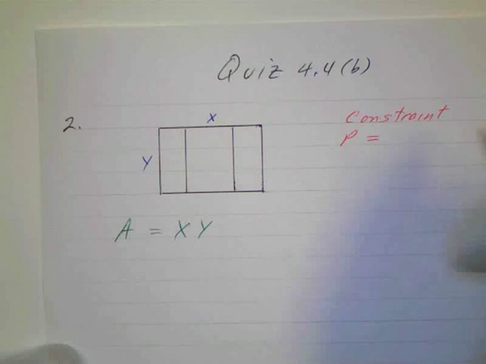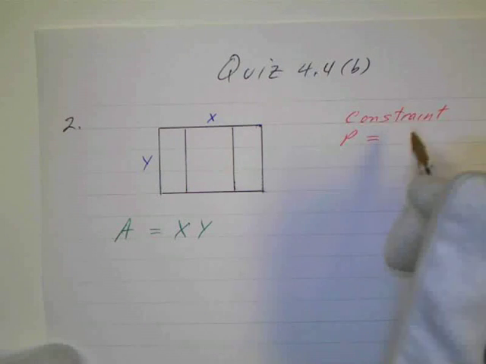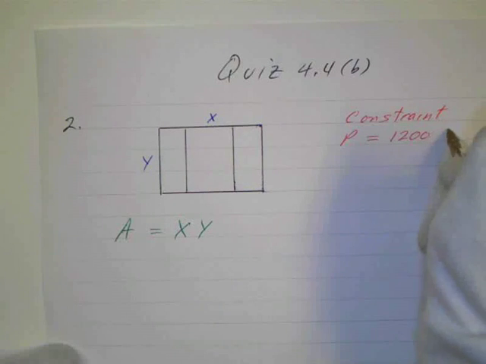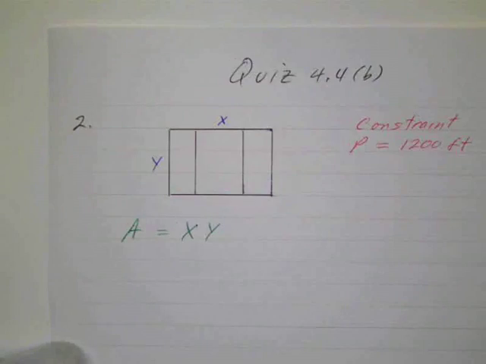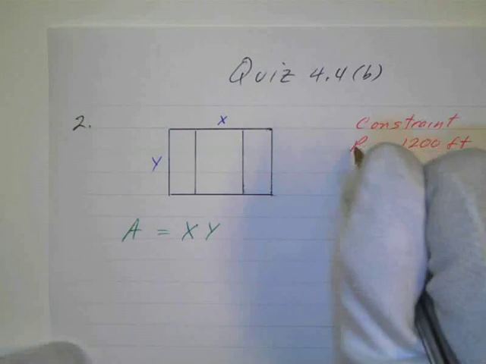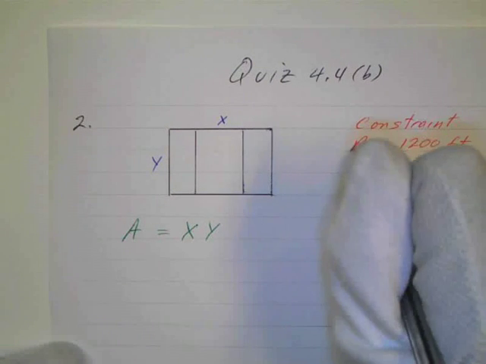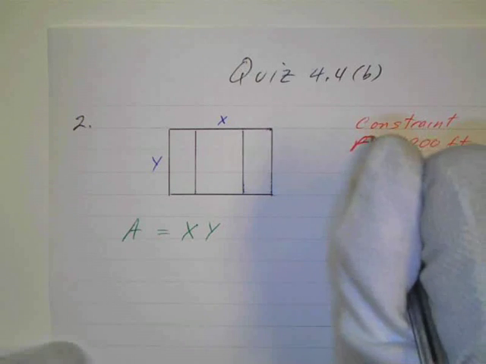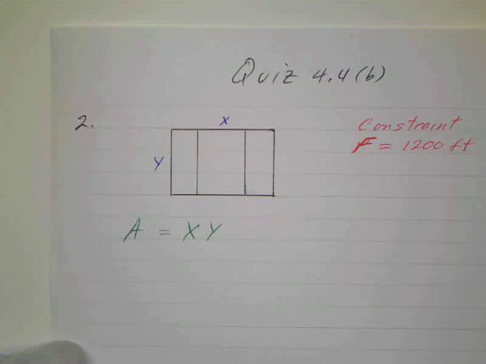It's the amount of fencing we have, but in a way, it's kind of the perimeter. The fencing equals 1,200 feet, rather than the perimeter, because we have 1,200 feet of fencing. It's kind of like a perimeter, but we'll just say F for fencing.